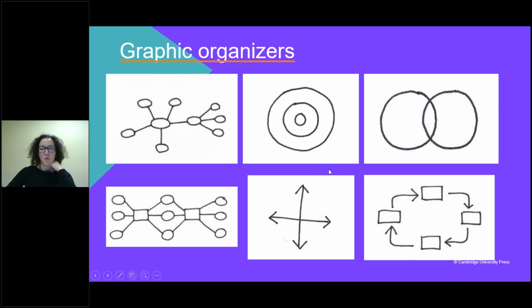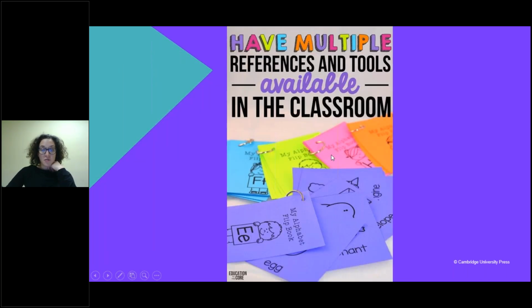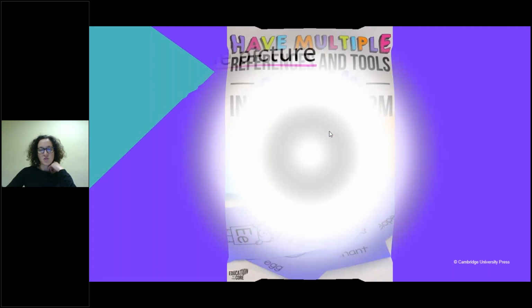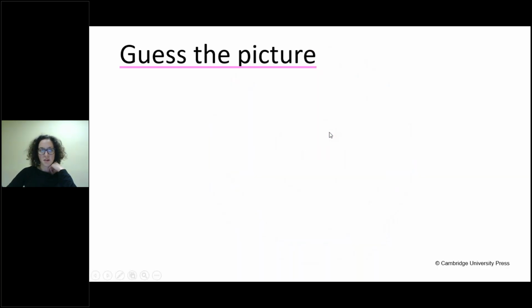Again, better for teenagers. For young learners, if we're talking about organizers, we can organize some alphabet books, and here they have an alphabet book, and they can create it on their own, which will be more valuable for the students than if they have something ready.